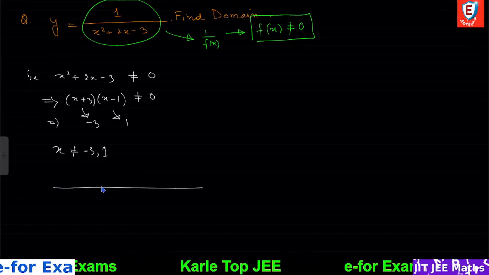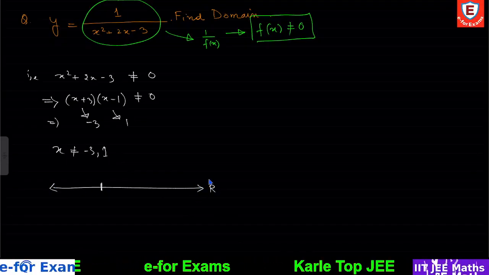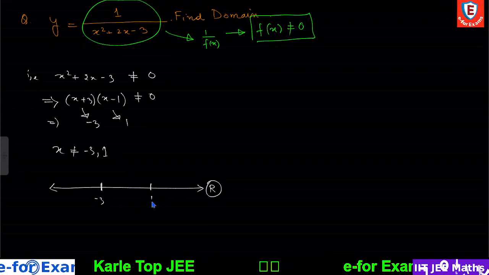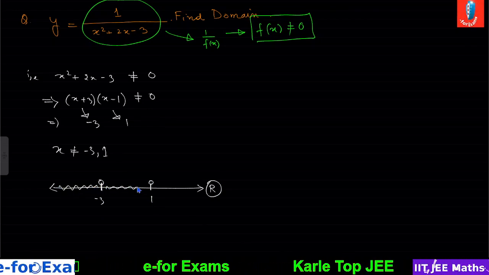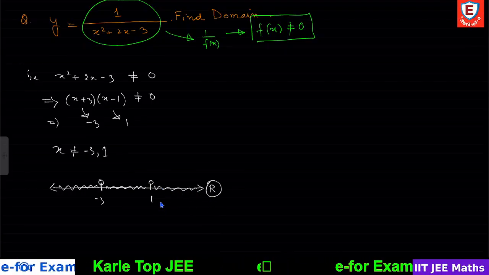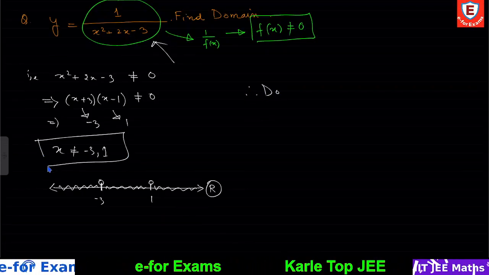This means x is on the real number x-axis, except minus 3 and 1. Everything else on the x-axis is the domain of the given function. Therefore, x cannot be minus 3 or 1.